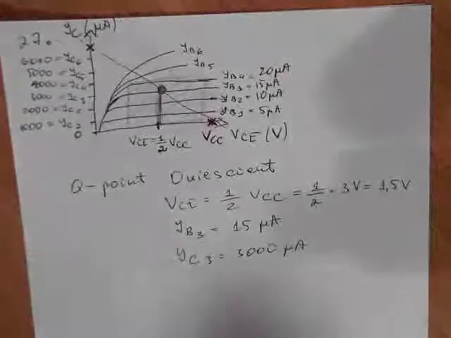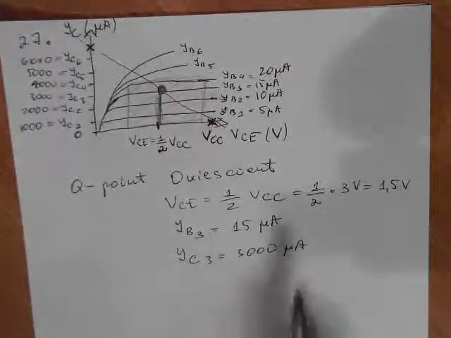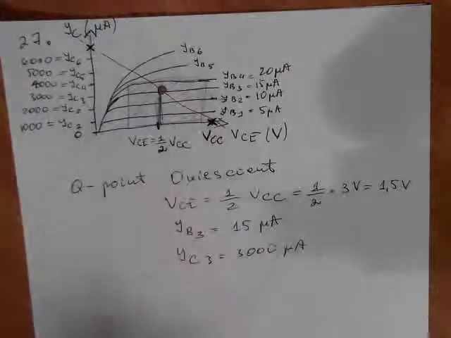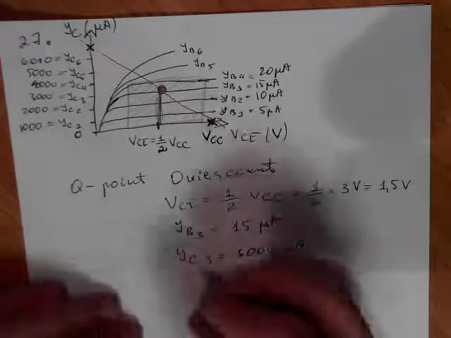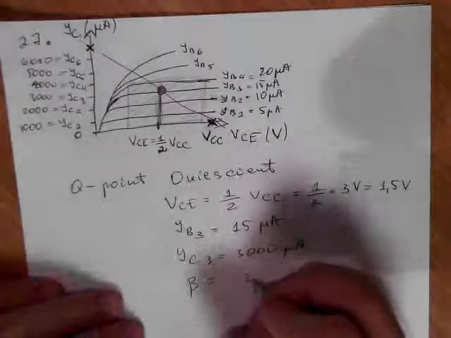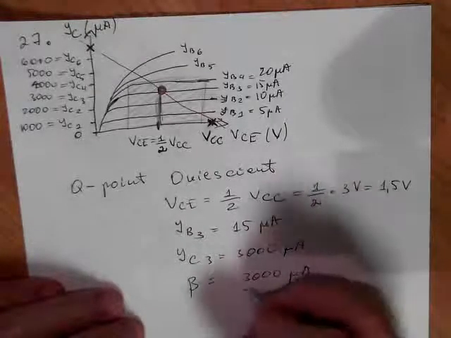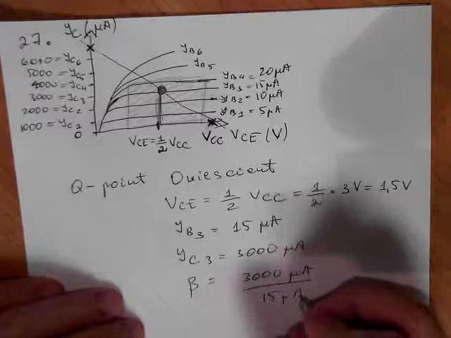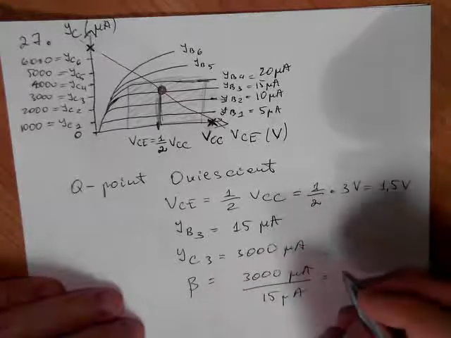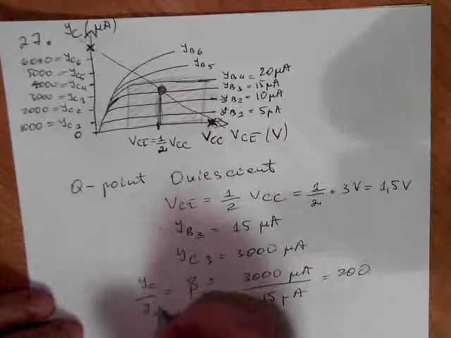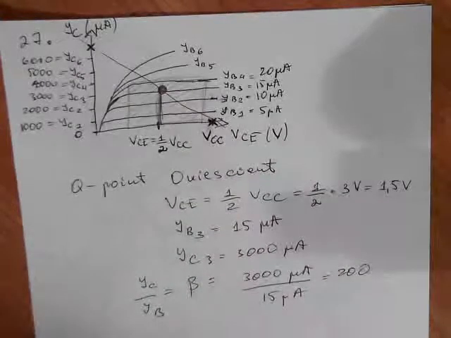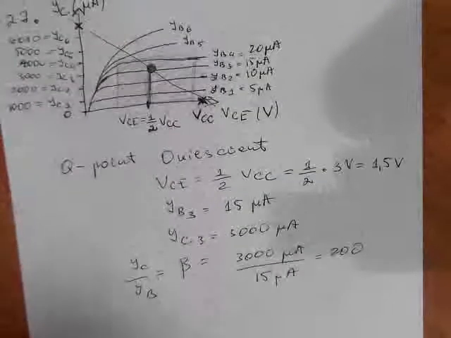So this would be some kind of representation of the Q point, and here beta is 3000 divided by 15, it would be 200, since beta is IC divided by IB. And what else?